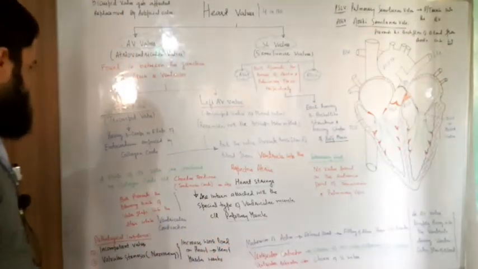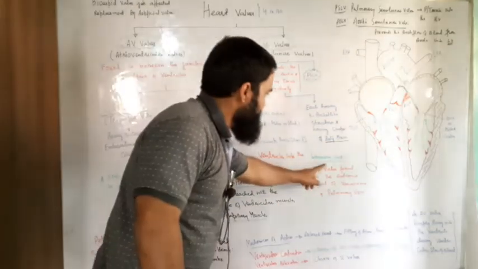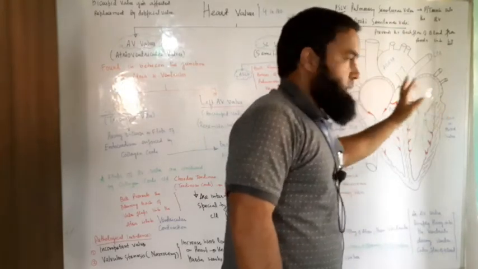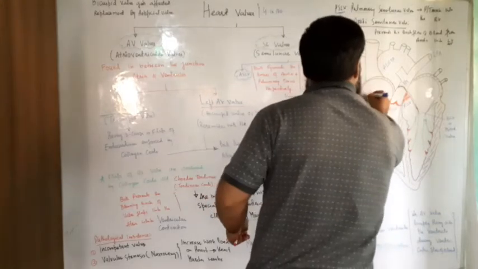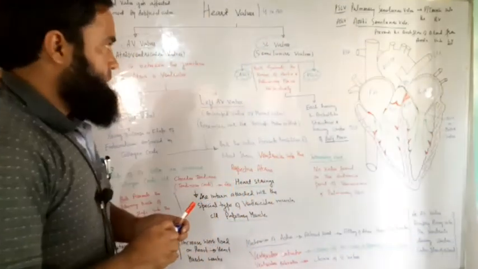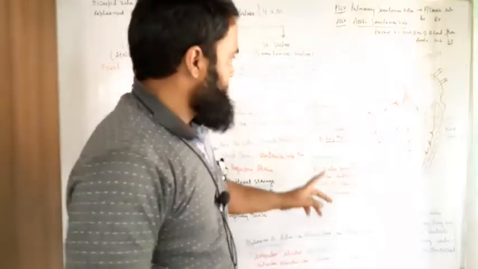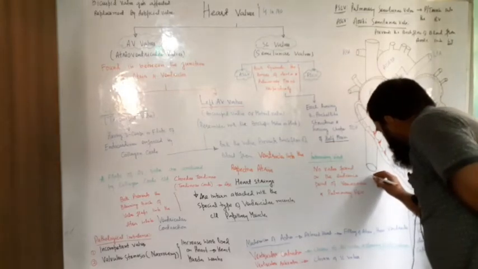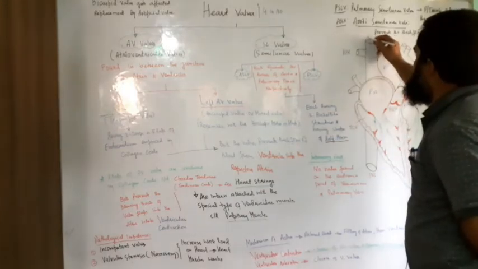One more interesting fact here. So far as the atria are concerned, we say right auricle and left auricle. This is the right auricle, this is the left auricle. These are the entrance points. This is the inferior vena cava, and this is the superior vena cava.